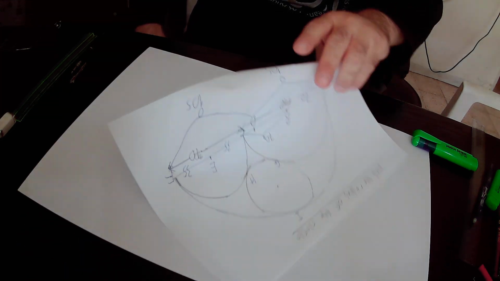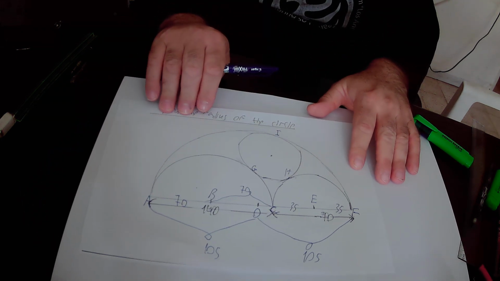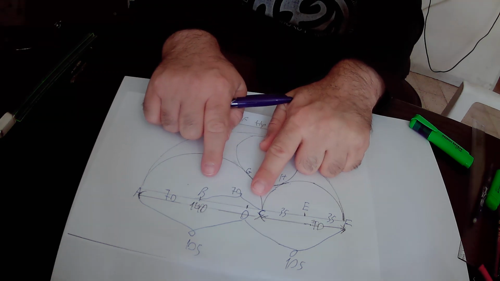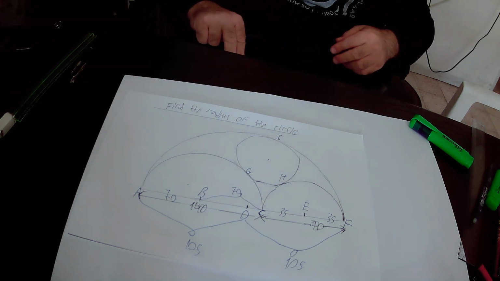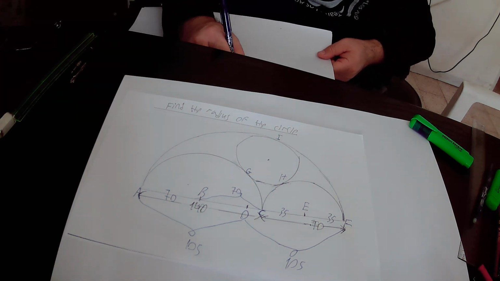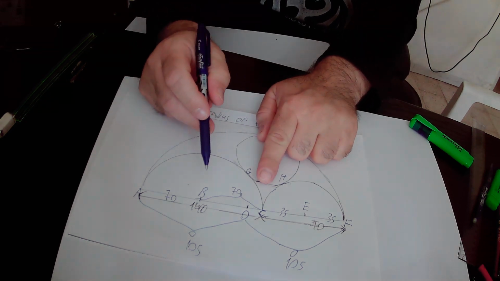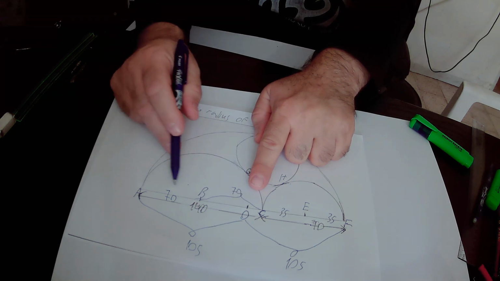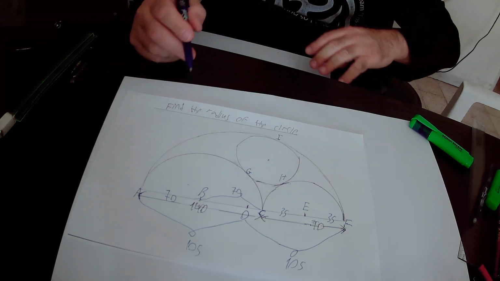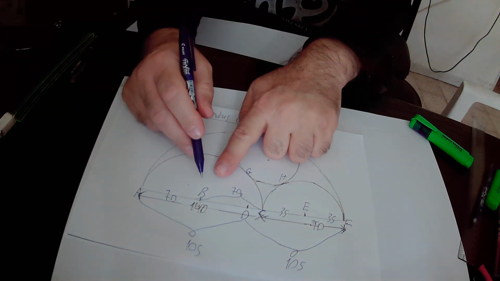What is the length of line segment BO? The length of line segment BO, it is very easy to see that BO equals OA minus BA.